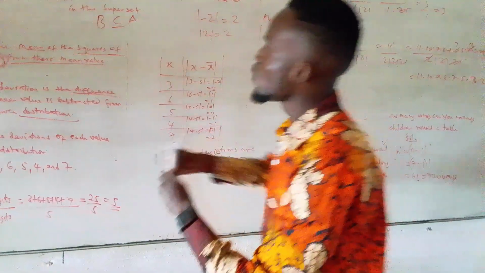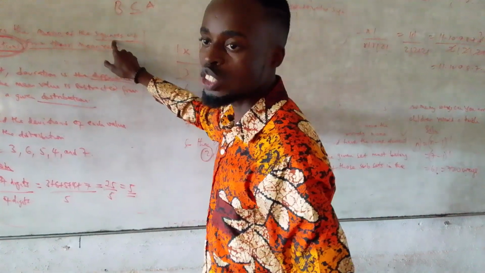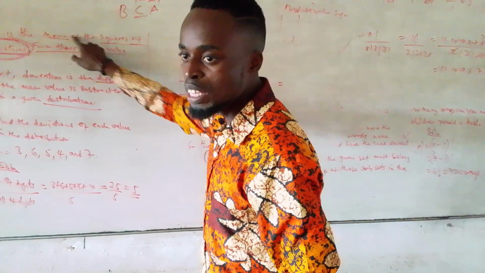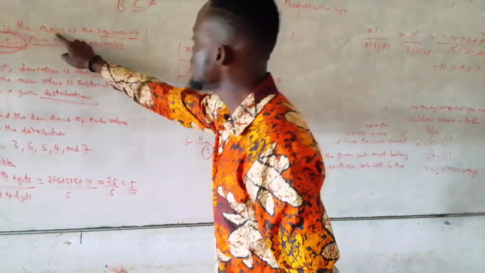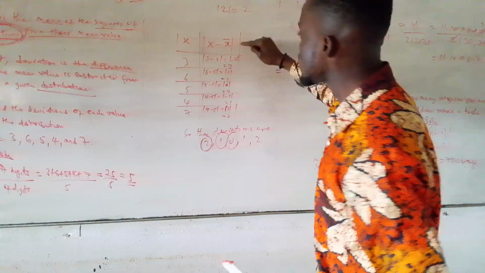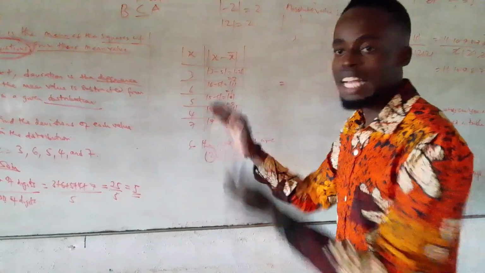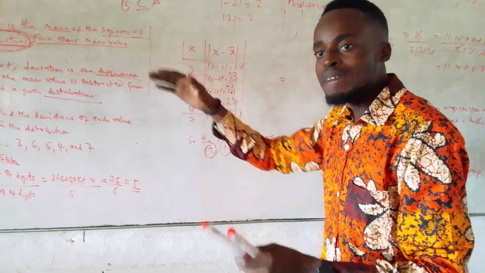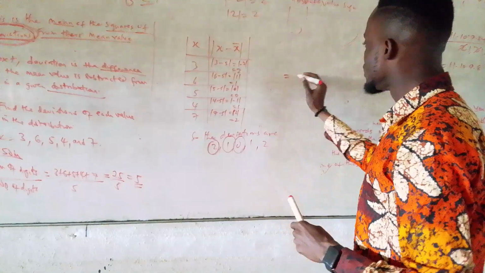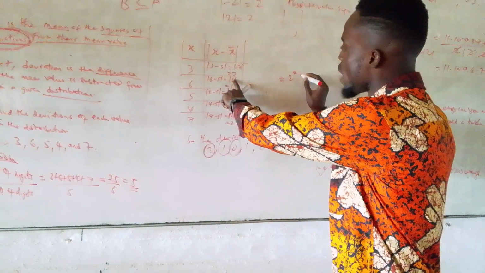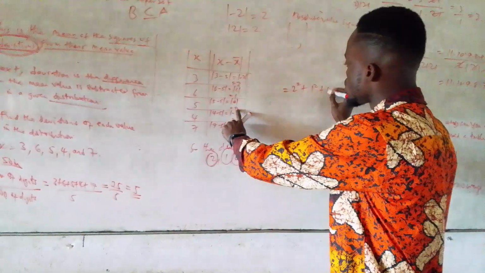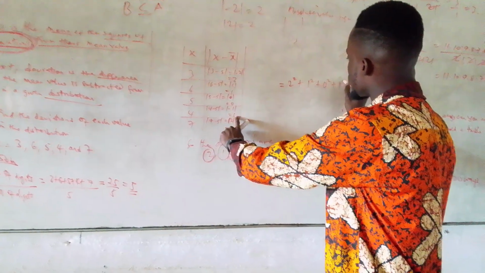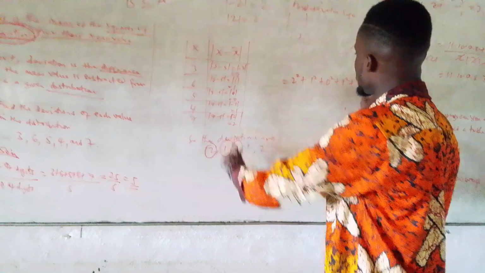Now, when I find the mean of the squares of deviations, to find the mean of the squares of deviations means to square these deviations and add them together, and then divide by how many they are, right? So that is 2 square, plus 1 square, plus 0 square, plus 1 square, plus 2 square.